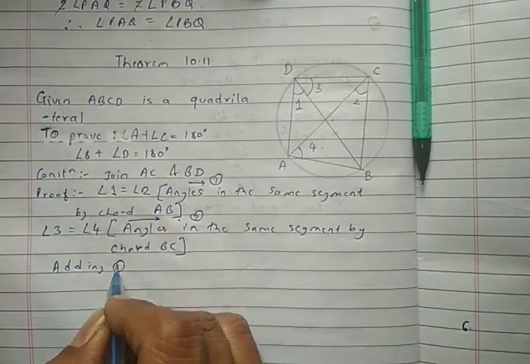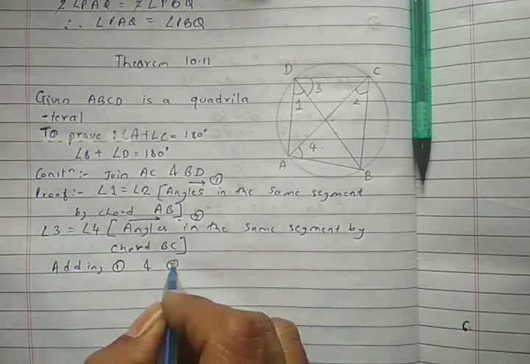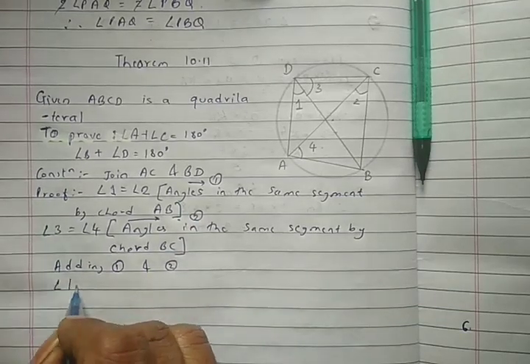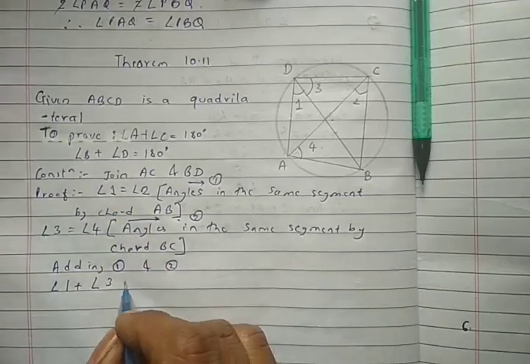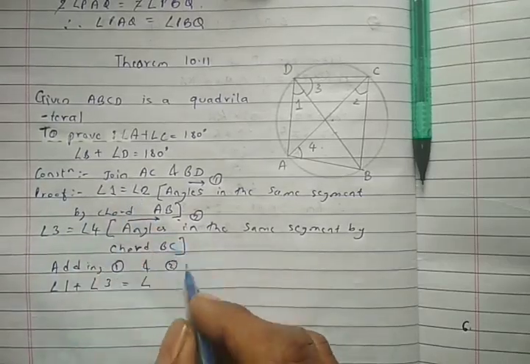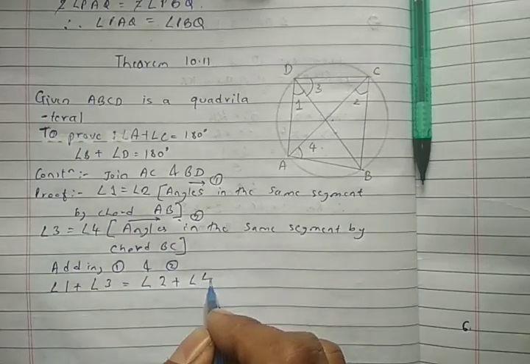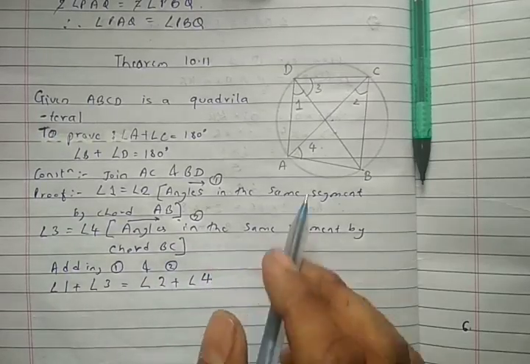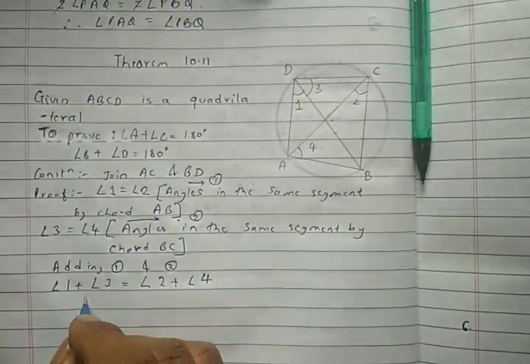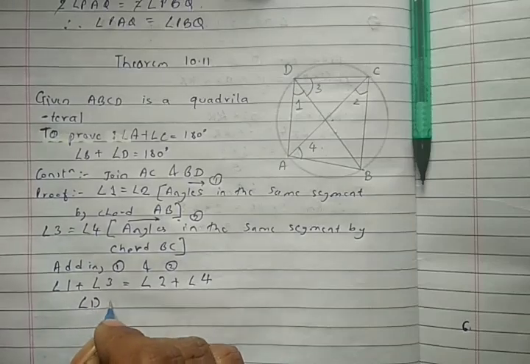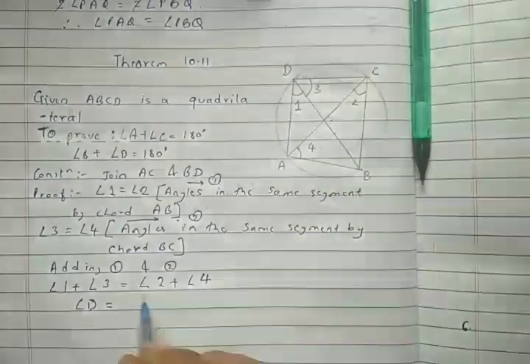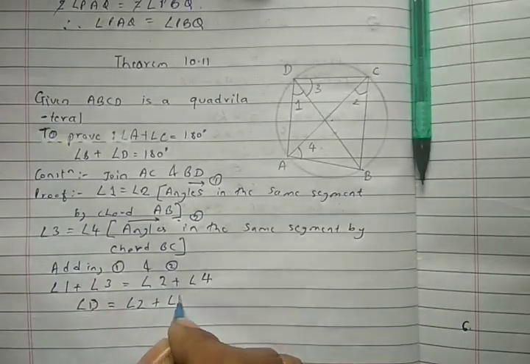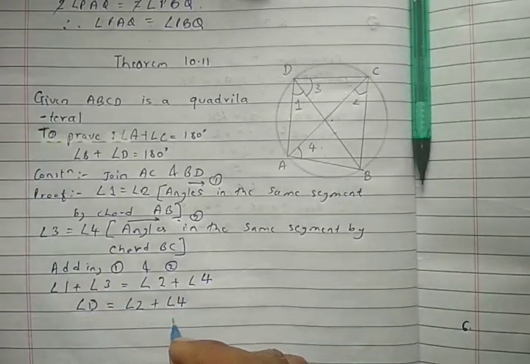Adding equation 1 and 2 we get angle 1 plus angle 3. These both on the left hand side will be equal to these both on the right hand side, angle 2 plus angle 4. Now 1 plus angle 3 is angle D. So in place of this we'll write angle D, and in place of angle 2 it will remain as it is, and angle 4 will also remain as it is.